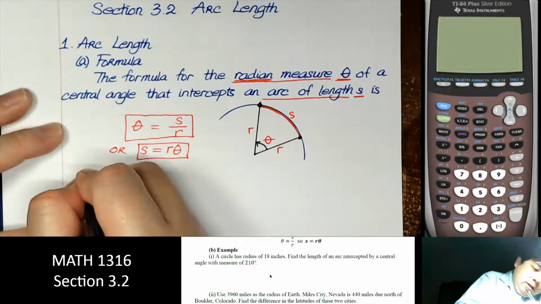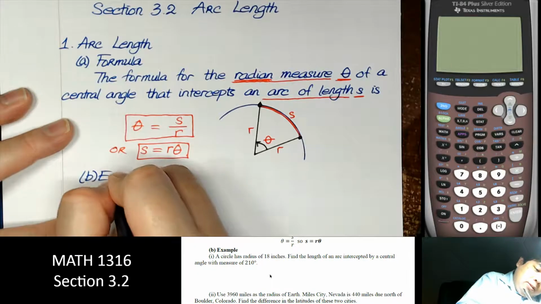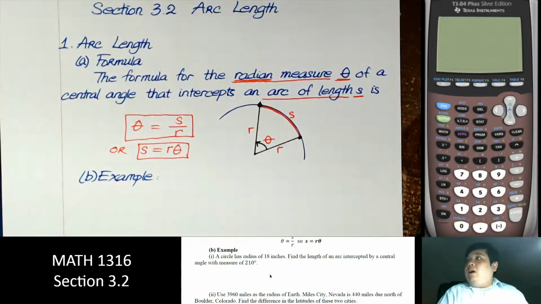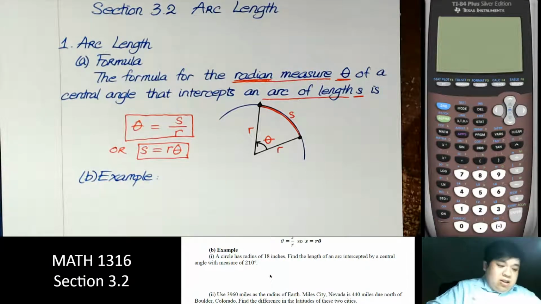Example. A circle has a radius of 18 inches.